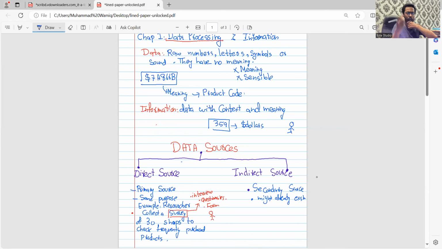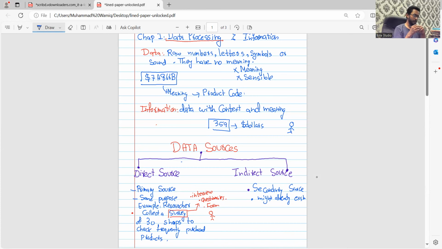One important thing is that when I was talking with respect to the direct source, it means that that data is going to be collected for the first time, and it is going to be used only for that purpose and only for that time period. Whereas when I'm working on an indirect source, that means that that data has already been written, that data has already been published, or that data might already exist.